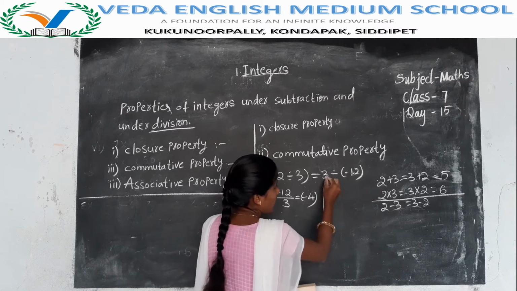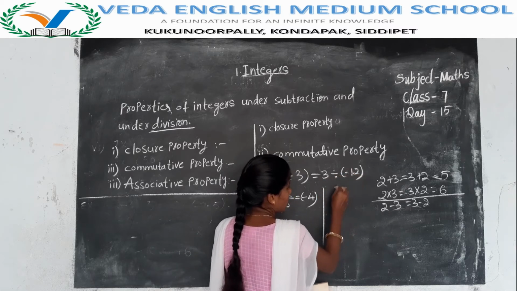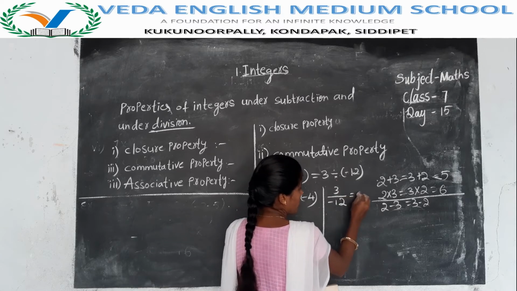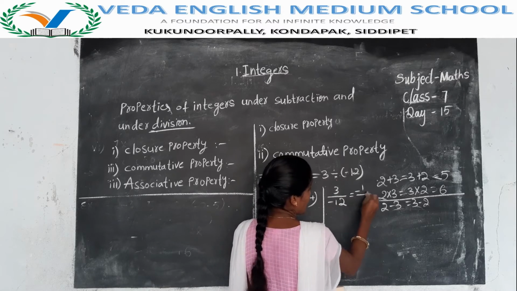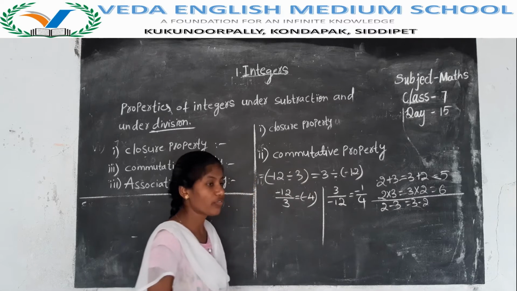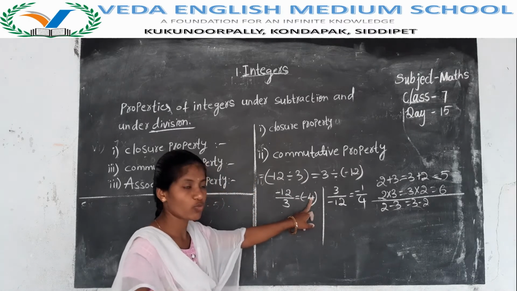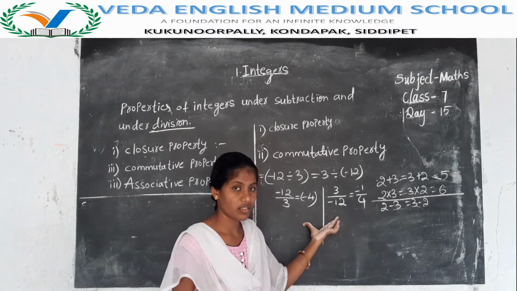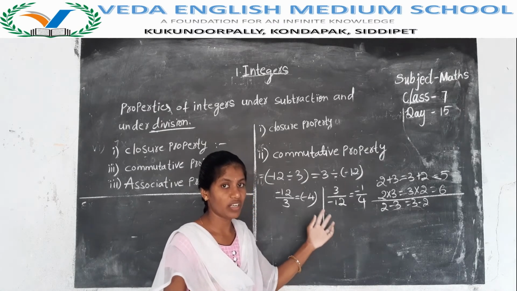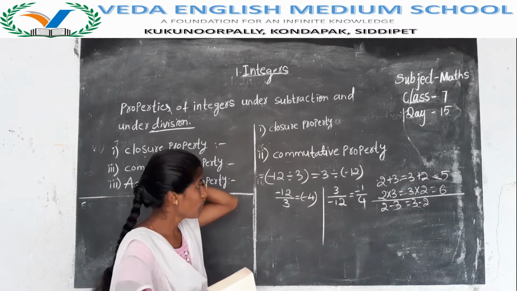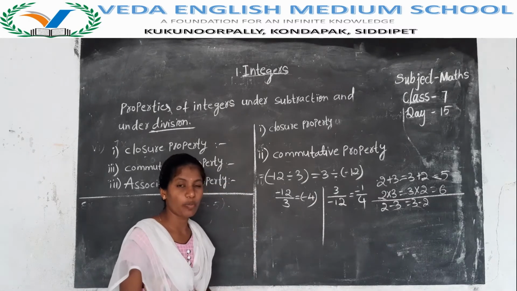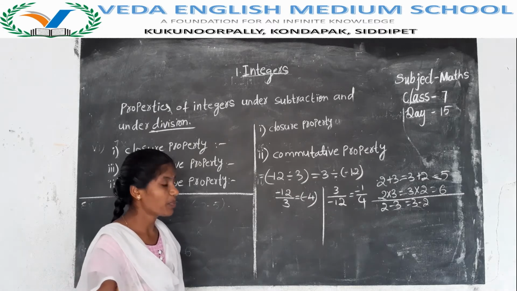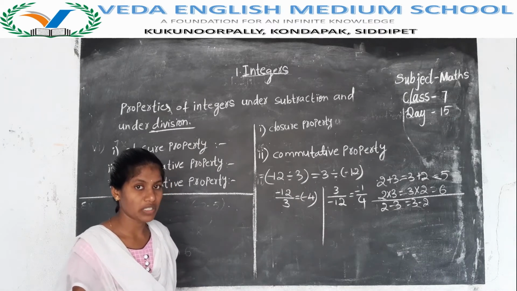Next, 3 divided by minus 12 means 3 by minus 12. 3 ones are 3, 3 fours are 12. Here you are getting minus 1 by 4. Here you are getting minus 4, here you are getting minus 1 by 4. Both are different, both are not the same. So commutative property under division is not possible.